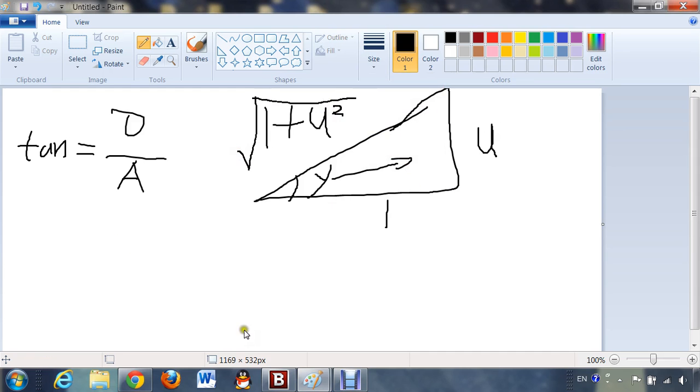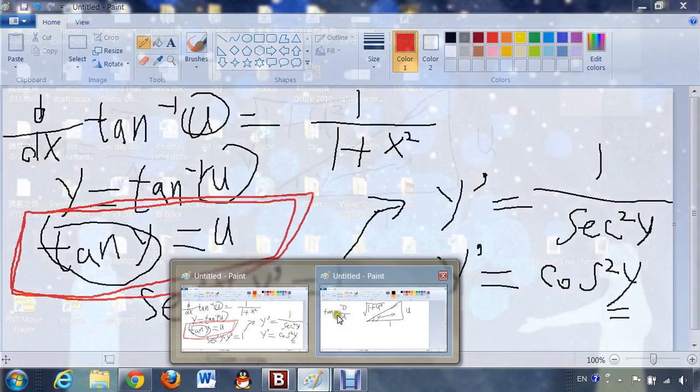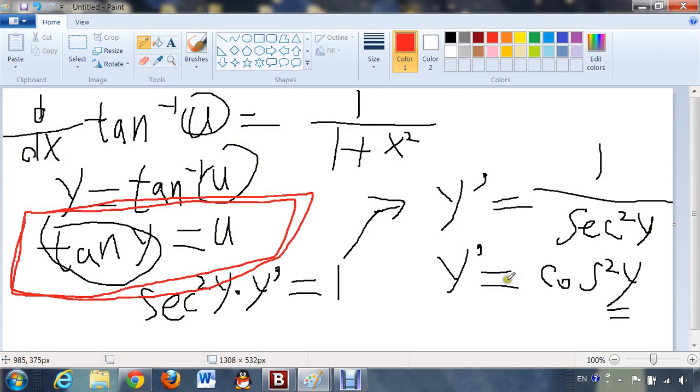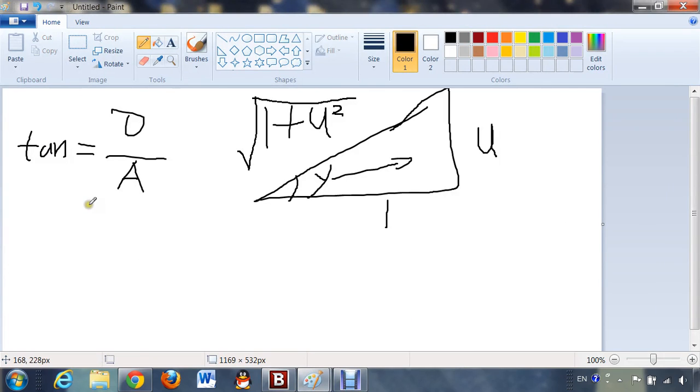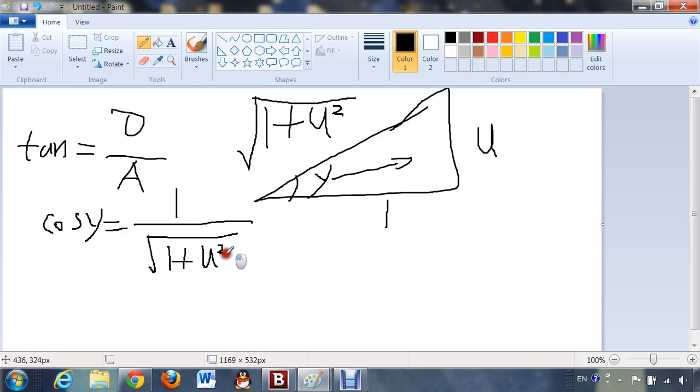So now we look back at what y prime is equal to. Y prime is equal to cosine square y. So now we find the cosine of y. The cosine, remember, is adjacent over hypotenuse, which is 1 over the square root of 1 plus u squared.